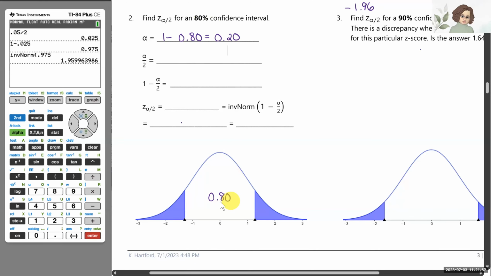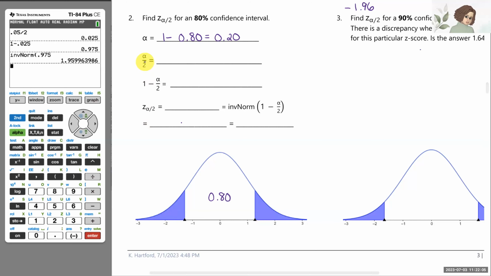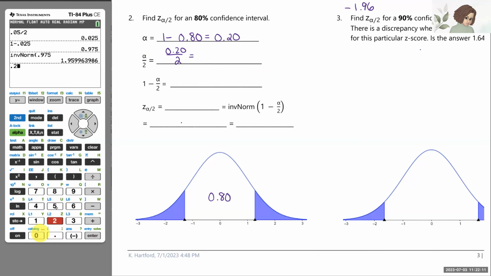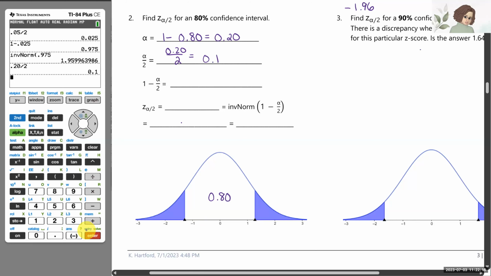So if 80% is in the middle, 20% is left over in the tails. To get each one separately, you take your alpha value and divide it by 2. So 0.20 divided by 2 is 0.1. I just like putting the 0, so it looks like 10%. This area on the left, the left tail, has area alpha over 2, and the right tail has area alpha over 2.